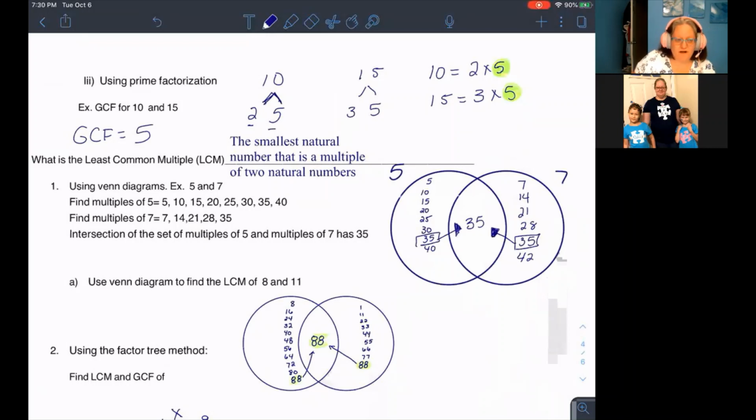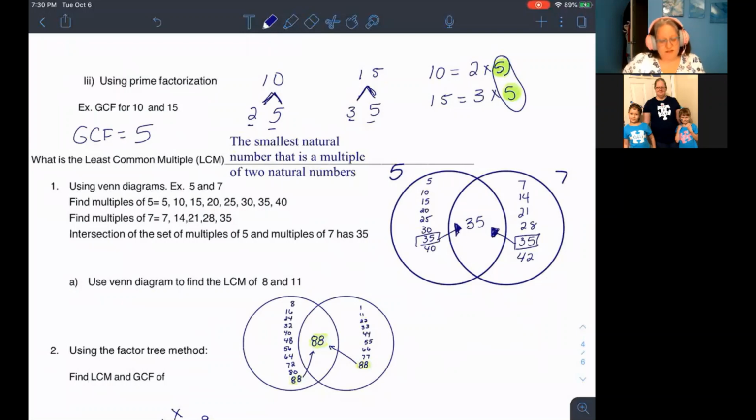You could have 1 and 10, but 10 is not prime. For 15, your prime factors are 3 and 5. To find the common factor between the two, you find which ones they have in common, and it would be the largest number. So the greatest common factor for 10 and 15 is 5.